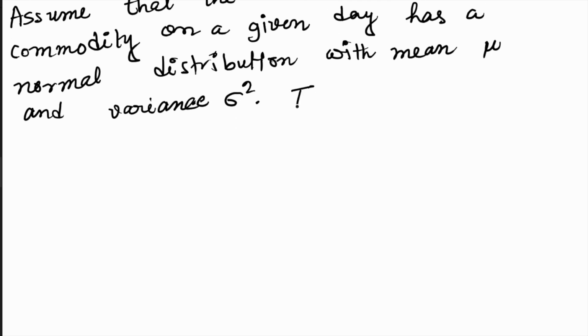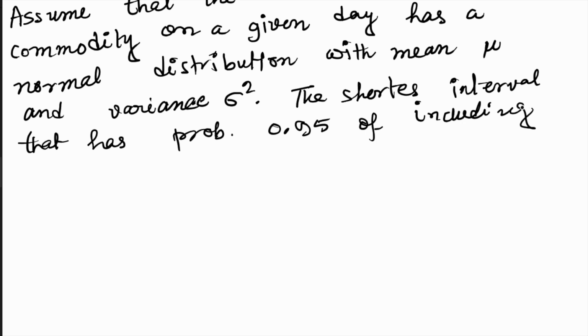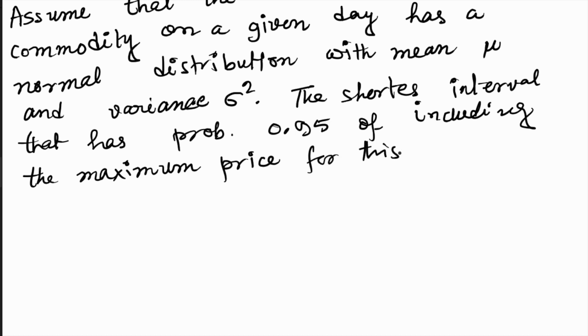The shortest interval that has probability 0.95 of including the maximum price for this commodity.